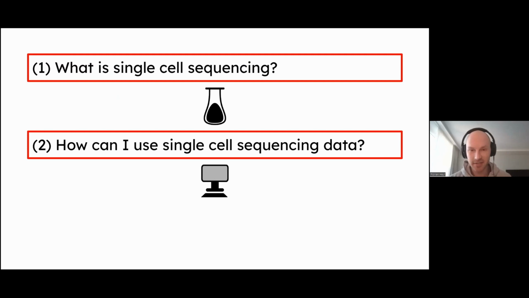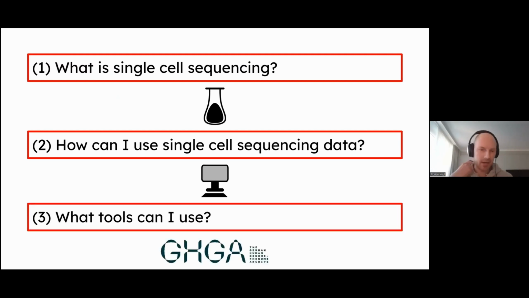So what do I get from the laboratory, and how can I use this data to answer my biological questions? And the last bigger part is what tools can I use? With that, I go a bit into the direction of what we are currently doing in GHGA with single-cell data.